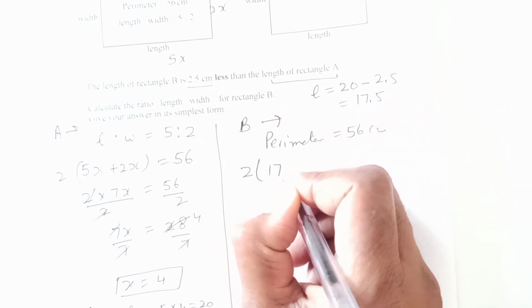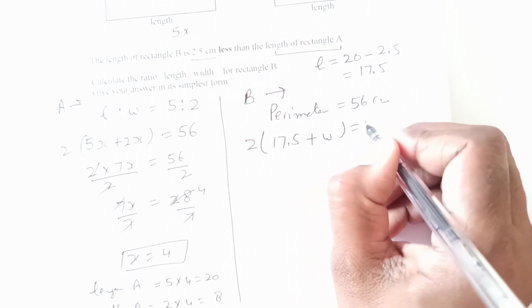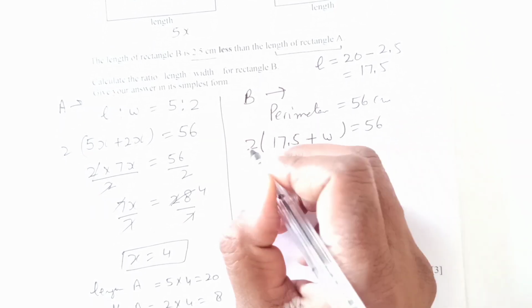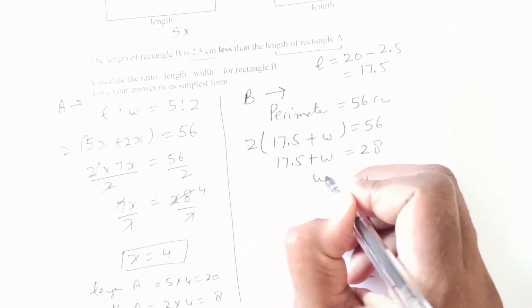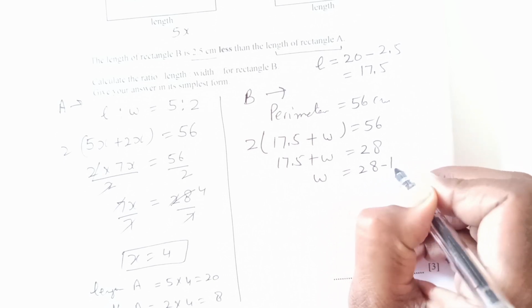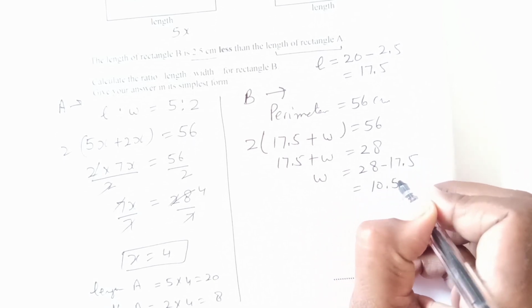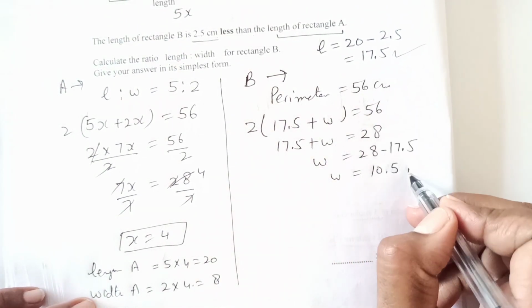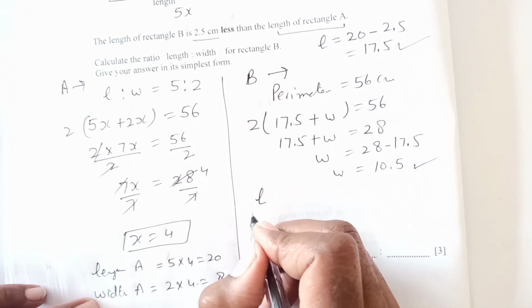So this is 17.5 length plus, let's say, width. This is equal to 56. So 17.5 plus W, divided by 2, 56 divided by 2 is 28. So width is going to be 28 minus 17.5, which is 10.5. So this is the width, right? But we are looking for the ratio of length over width.